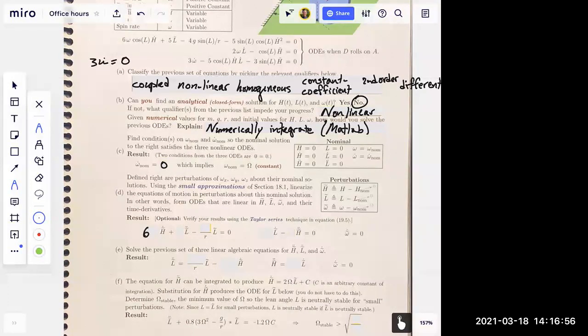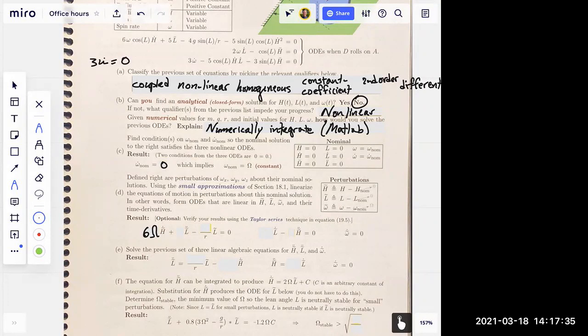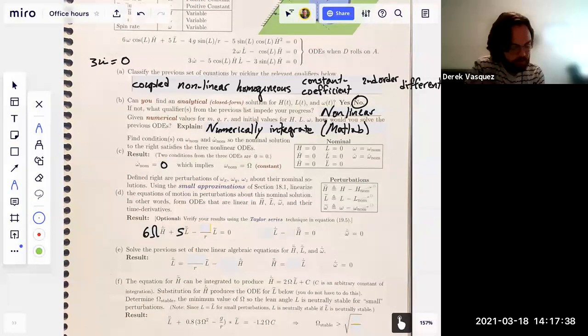So it's going to be 6 times capital omega, since we're close to our omega nominal. Capital omega is a constant value. We couldn't do it with lowercase omega, because lowercase omega is a dependent variable, and then omega times H tilde dot, that coupled term, would be nonlinear. All right, the L double dot term, do we need to linearize that one, or is that already linear? It's already linear, so it's just 5 L tilde double dot.